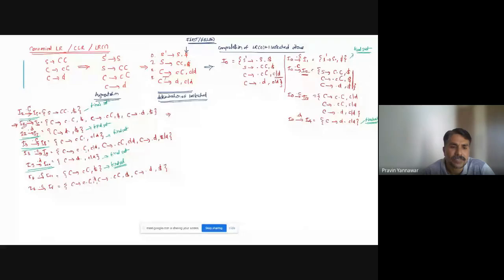I6 with small c is I6. I6 with D, you can say, is I7. Okay, so which means C implies D dot, dollar. So it is I7.